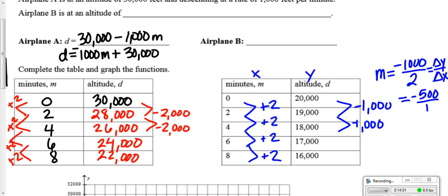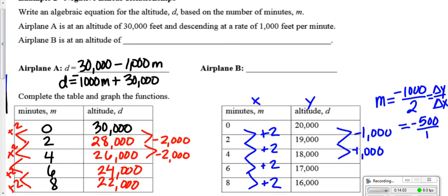So if I want to create my equation for airplane B, it is d equals, okay, that's my y, my altitude. My slope, my rate of descending is 500 times m, but I start at 20,000 feet, okay?